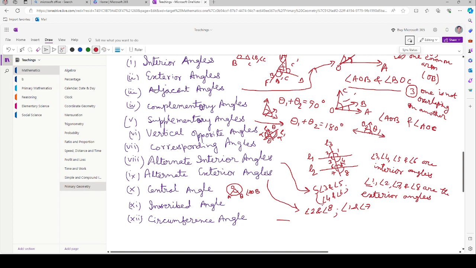Now come to inscribed angle. An angle formed by two chords in a circle with its vertex on the circle is known as inscribed angle.